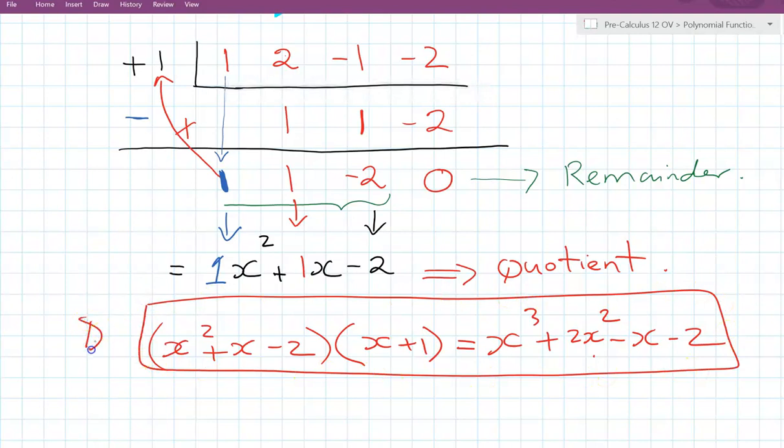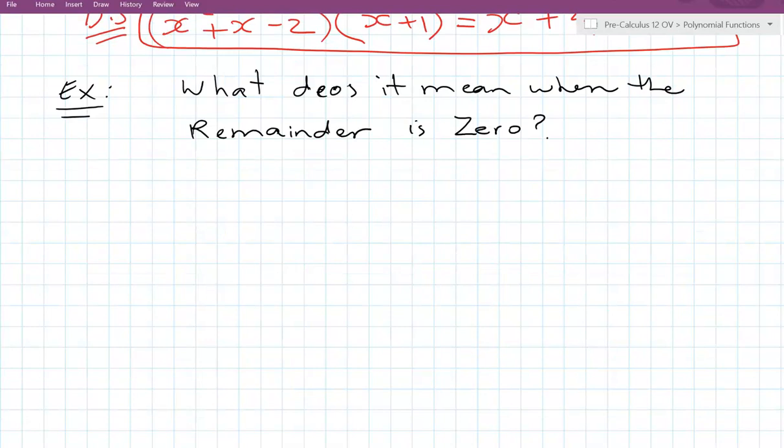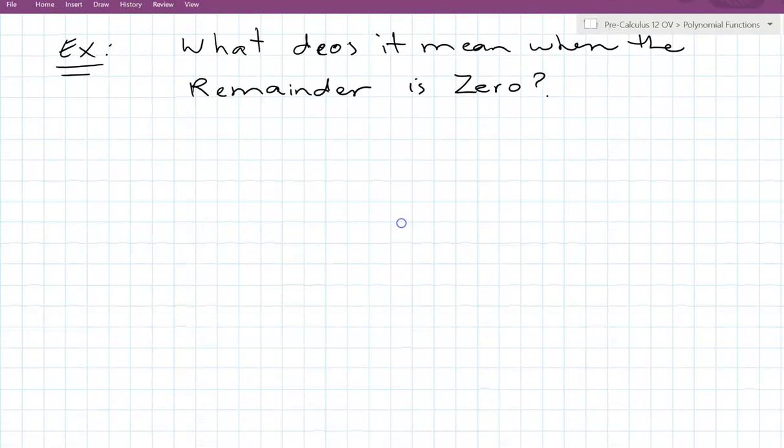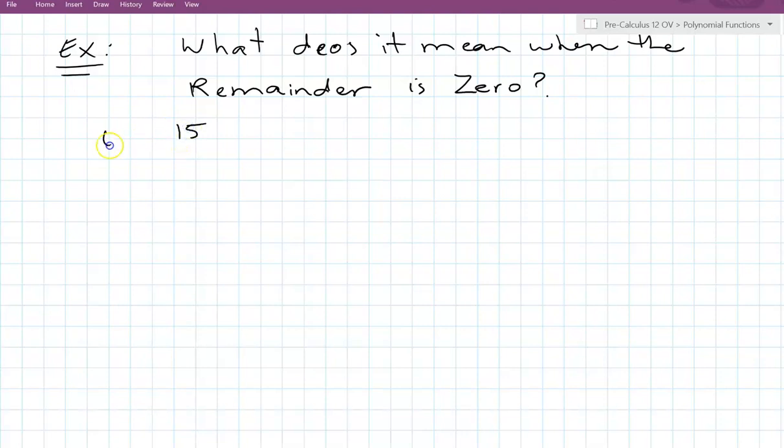And that is the division statement. Before moving on to another example, I just want to make sure that we are looking at this question. What does it mean when the remainder is 0? Okay, so let's go back to grade 3 and 4. If I divide 15 by 3, I know I will get 5. What is the remainder in here?